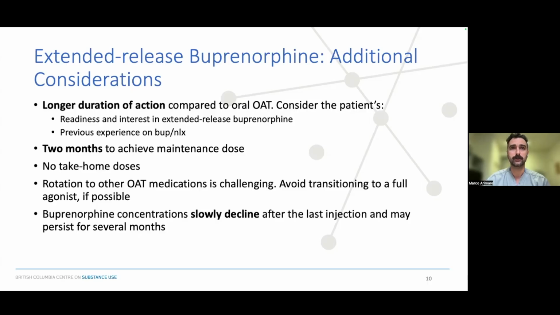And a rotation to other opioid agonist treatments is challenging, especially full agonists. And so, based on clinical experience, if a change in medication is needed, one can consider trialing a switch to sublingual buprenorphine first, stabilizing on sublingual for at least 4 to 8 weeks prior to switching to another opioid agonist treatment.